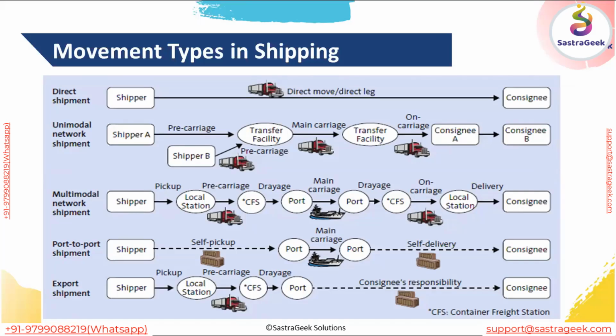Starting with the direct shipment: when a truck is moving from one shipper directly to the consignee without any stoppages at any other shipper. It is just going from one point to another point, from shipper to consignee directly. Then it is called a direct move or direct leg.